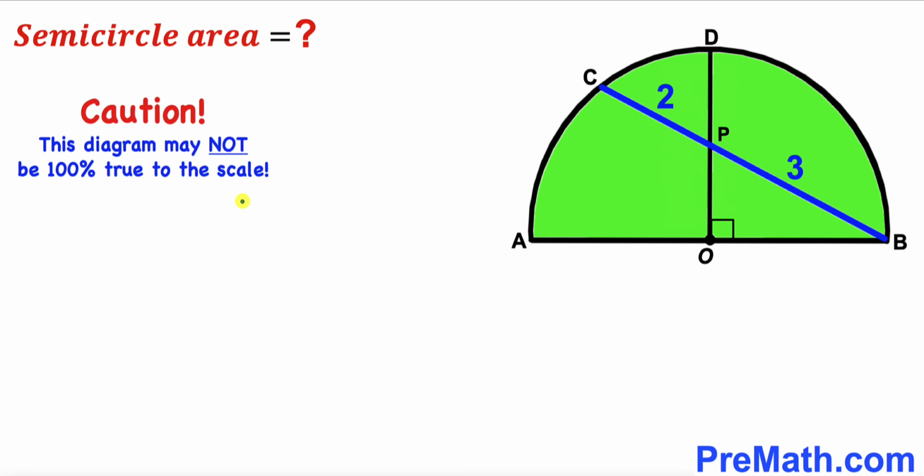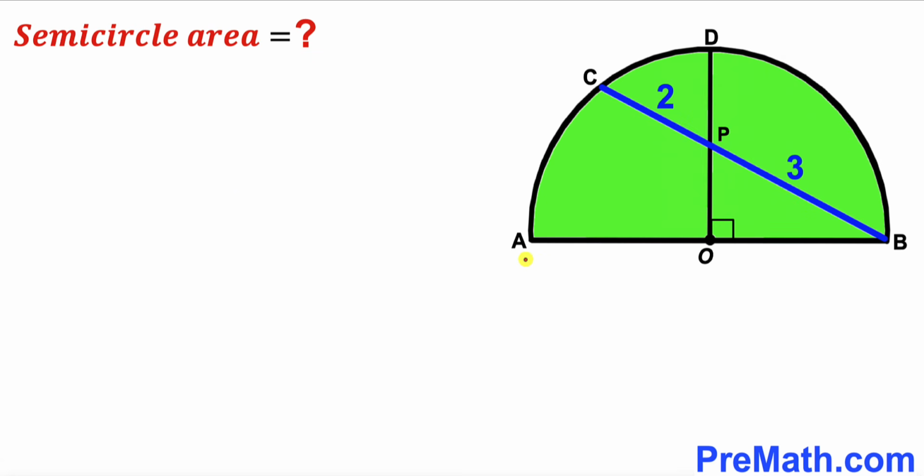Please keep in mind that this figure may not be 100% true to scale. Let's get started, and here's our very first step. Let's focus on this green shaded semicircle. Since we are going to calculate its area, we must first find the radius.